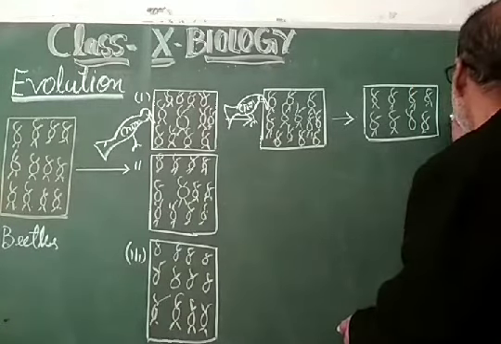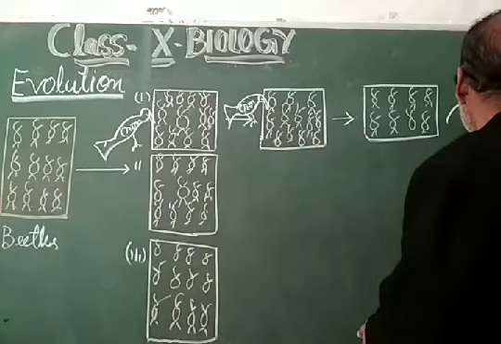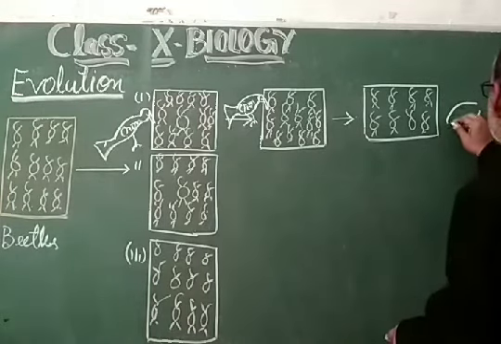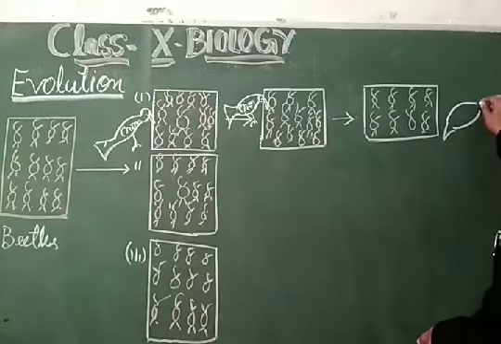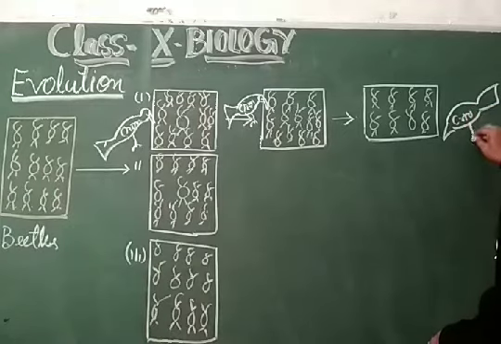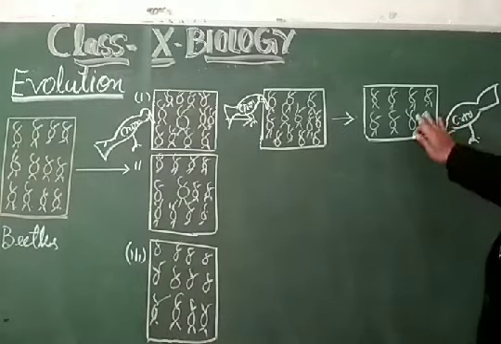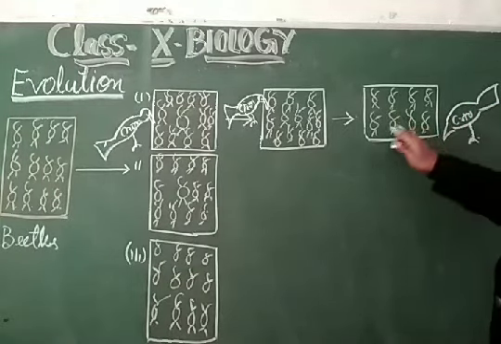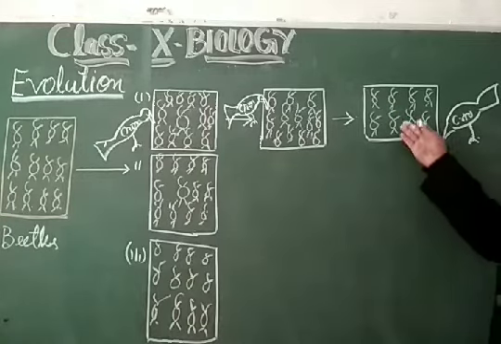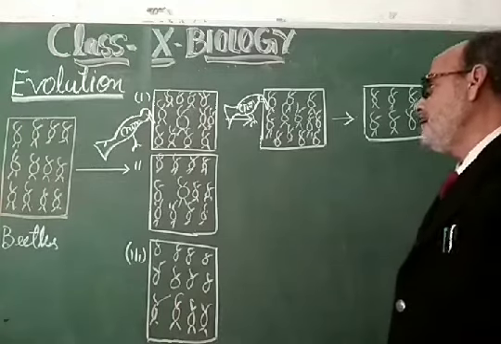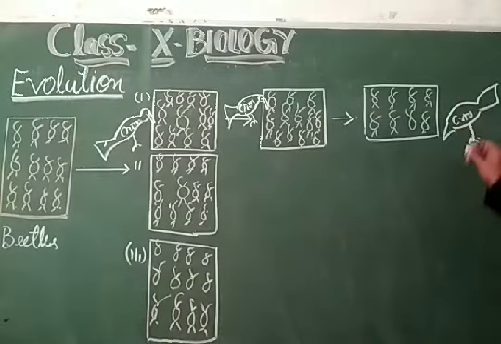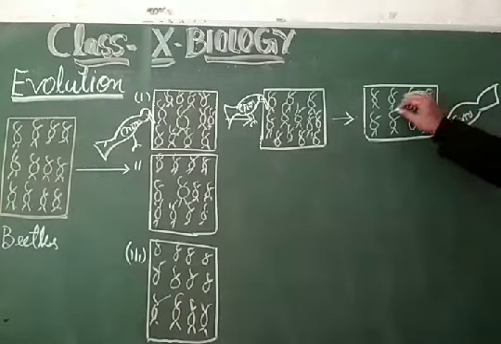This is the crow, and this crow will not be able to hunt these green beetles, because they can escape themselves in the leaves of the plants.